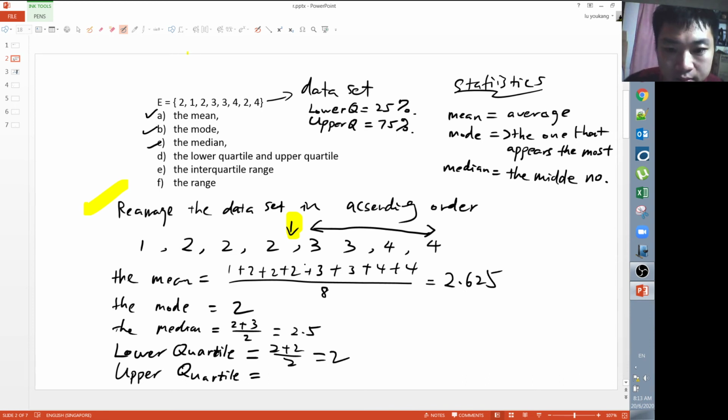So this is the middle, right? Why? Because you have 4 numbers altogether, so you have 2 on the left of this new arrow and 2 on the right. So the upper quartile, or the 75%, is in between 3 and 4. If it's in between, you add them together first and divide by 2. So 7 divided by 2, 3.5. That's how you can find your lower quartile and upper quartile.